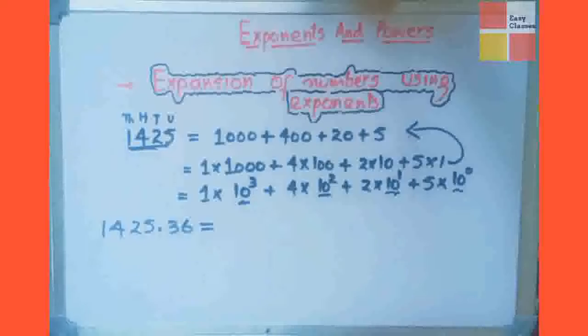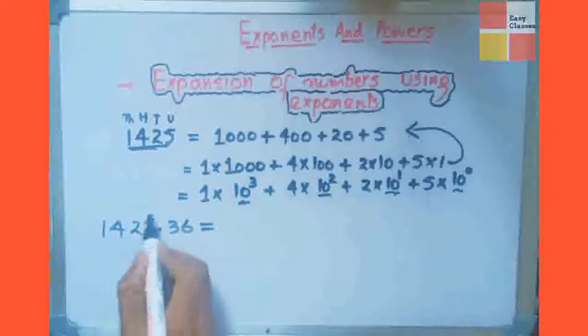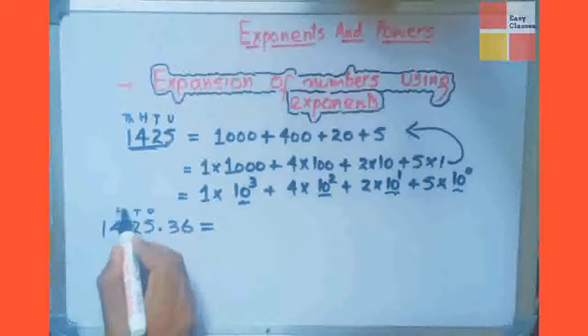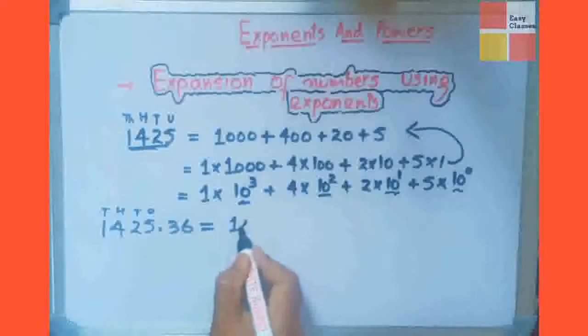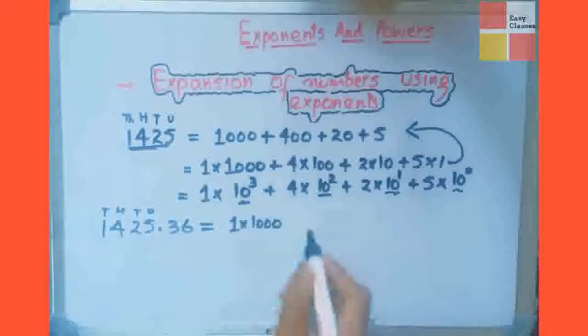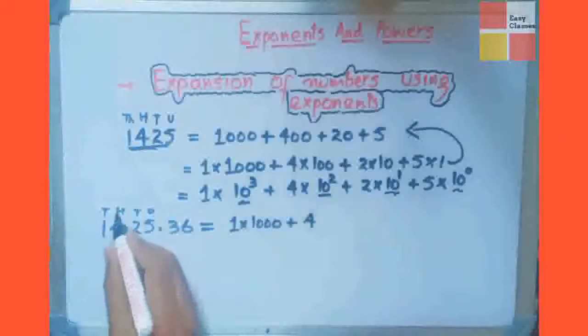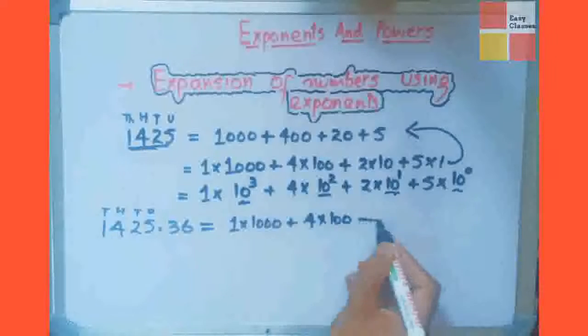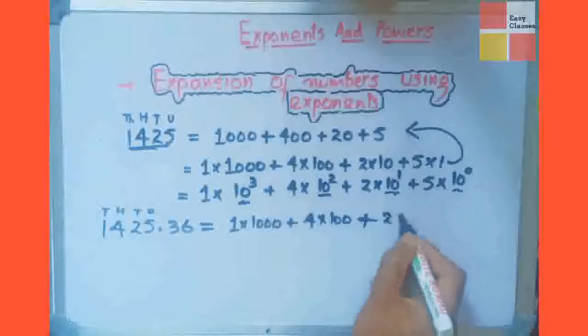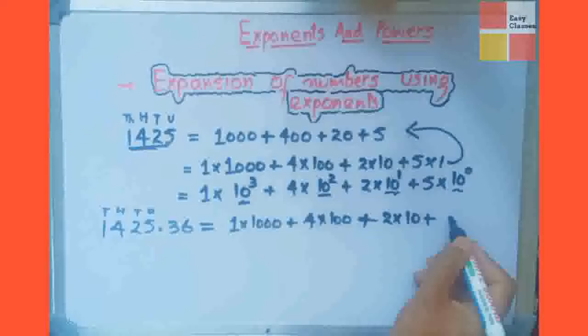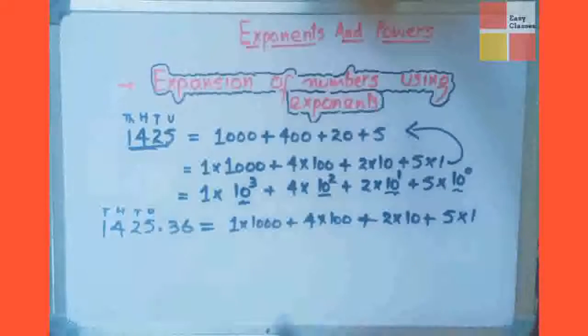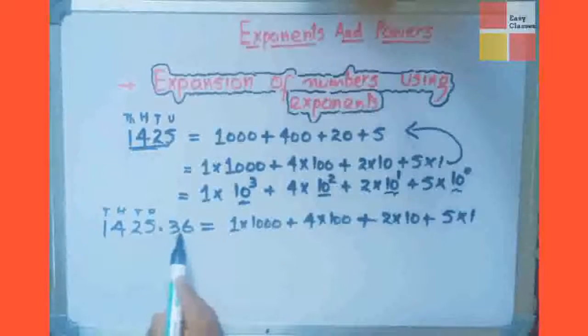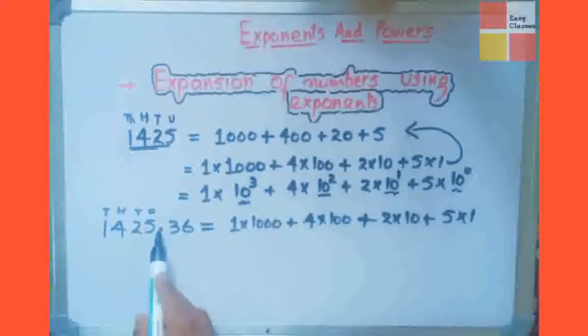Okay, let's do it. See here, this is ones, tens, hundreds, and thousands. So that means 1 into 1000, right, plus 4 into 100, since 4 is occupying the hundreds place, plus 2 into 10, plus 5 into 1. Right. Now there are 2 digits beyond the decimal.